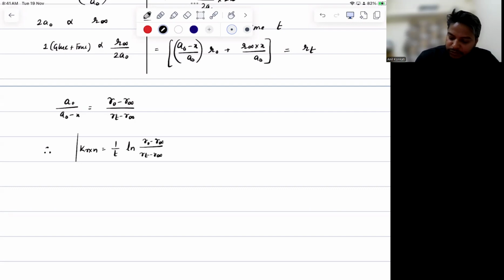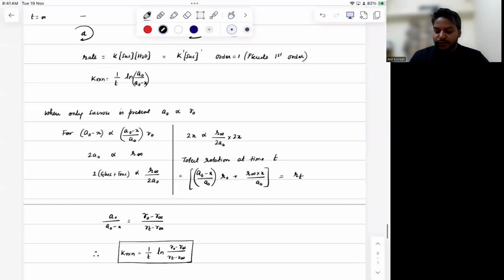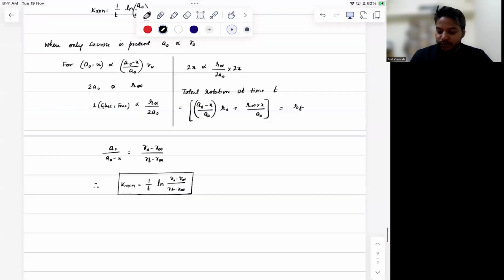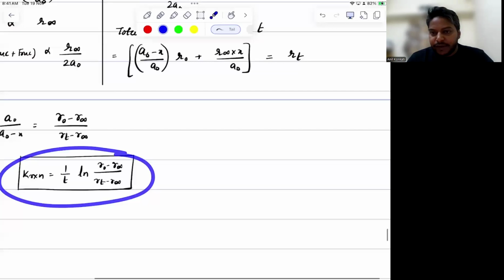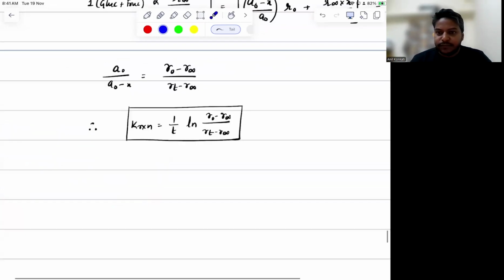A lot of you may not understand how to derive it, but end of the day, you should be able to use these formulas properly. If R naught, R infinity and Rt are given, directly substitute them and figure out the K of the reaction. Clear everybody? So this is what we are supposed to do.